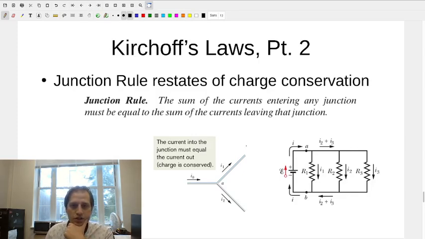Now, the junction rule is a restatement of charge conservation, and it just says that if you have charges going in, it has to equal the charges going out.